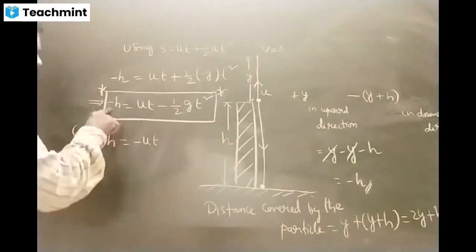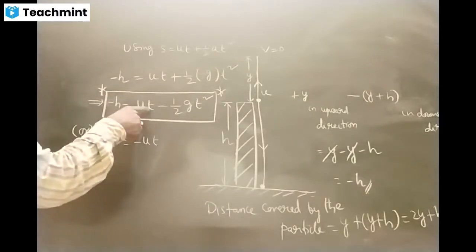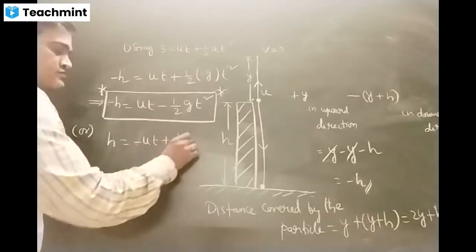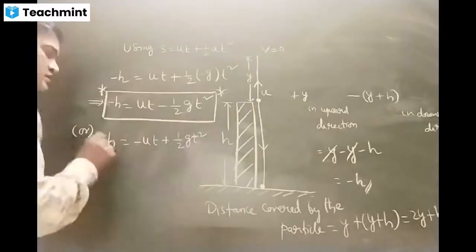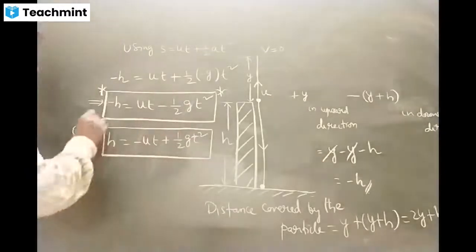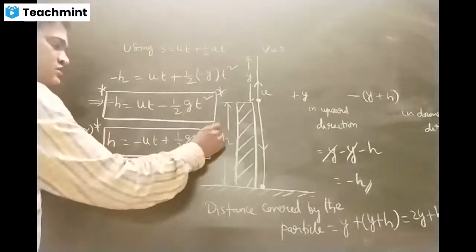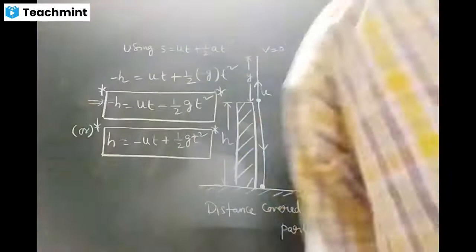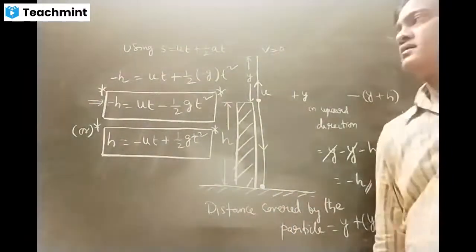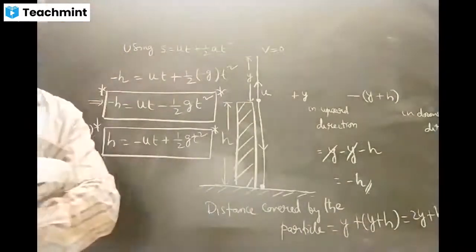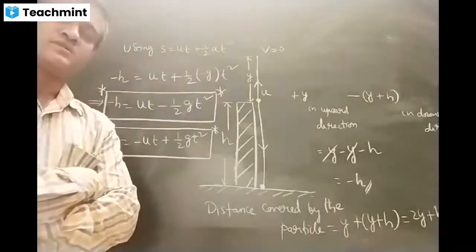Minus ut, minus comes here, and minus of minus gives plus half gt square. Either you remember the first equation or the second equation. This is the equation of motion that we write. Very important. Note it down or take a snapshot. Anyways, it is recording.